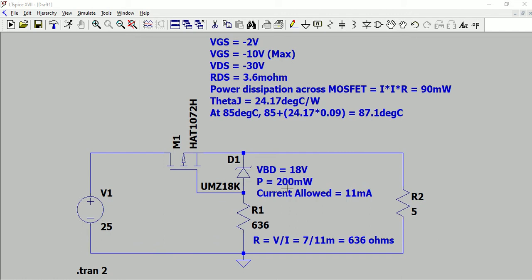So once we calculated the current for a power dissipation of this Zener, we have to calculate the resistor. So we know 25 minus 18, 7 is the voltage here, and if you use R is equal to V by I, V is nothing but 7, I is nothing but 11 milliamps, which gives 636 ohms.